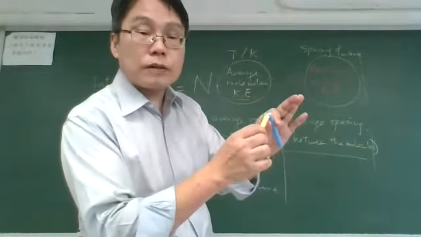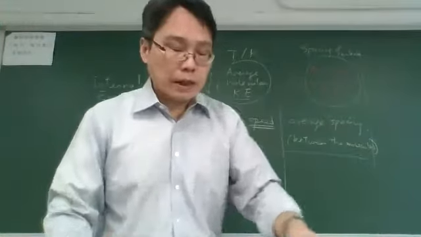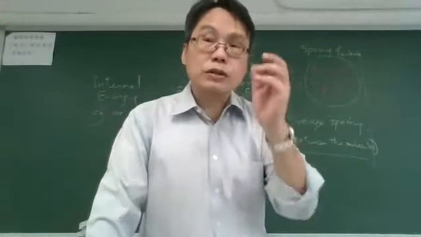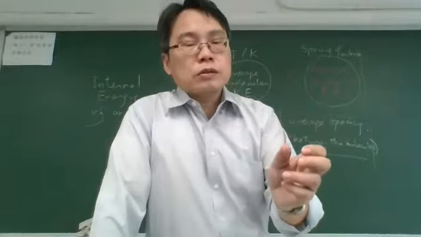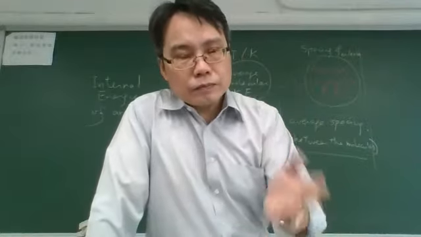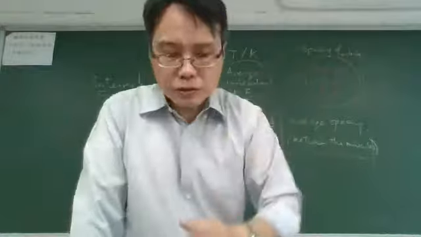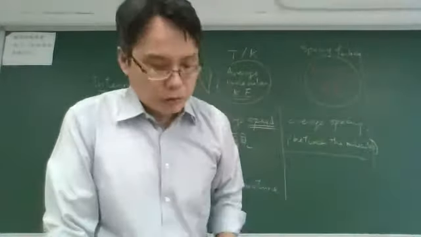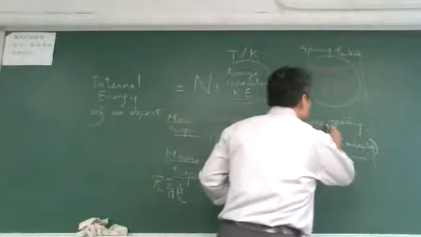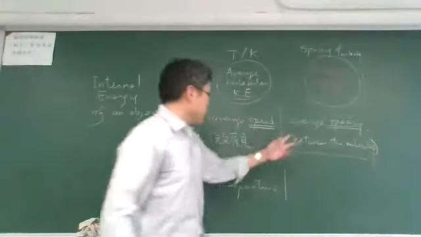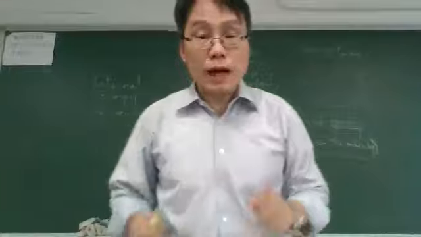How can I measure the spacing? Really difficult, and no one can directly measure the spacing between two molecules, not to mention that they are vibrating and not stationary. So this concept, average spacing, is microscopic, and cannot be measured directly.